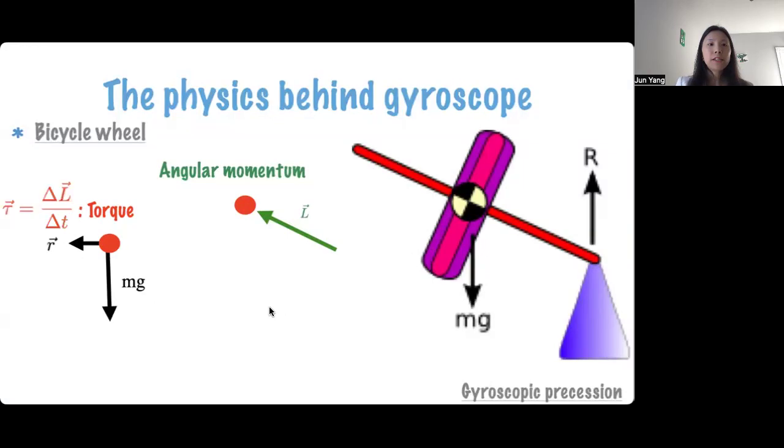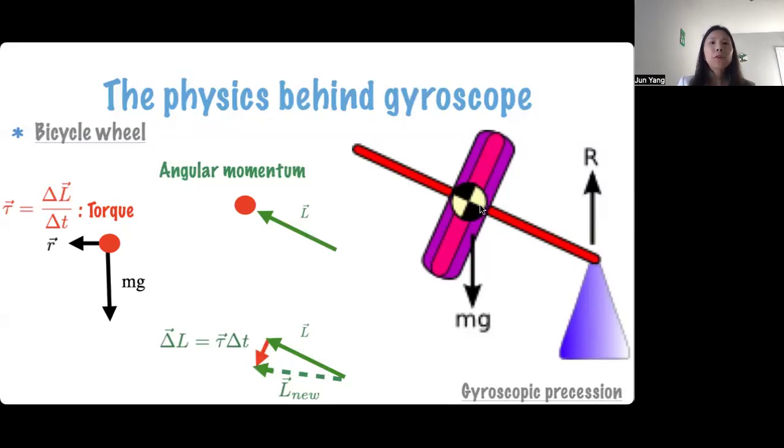So the torque is pointing towards us, which equals the change of the angular momentum divided by delta t. So the change of the angular momentum equals the torque times delta t. This is the original angular momentum, this is the new angular momentum, and this is the change of the angular momentum.